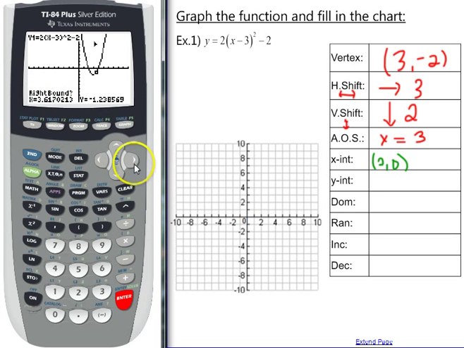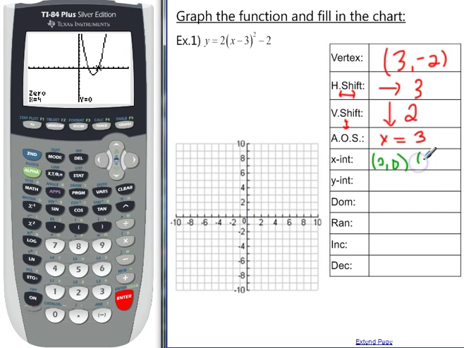Then it asks for the right bound. Go back to your X-Intercept and then click to the right, hit enter, and then you can guess. And there's your other X-Intercept. So then we can go back and write down our other one, 4, 0.